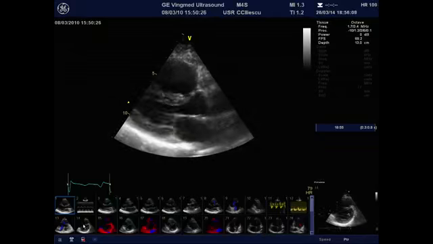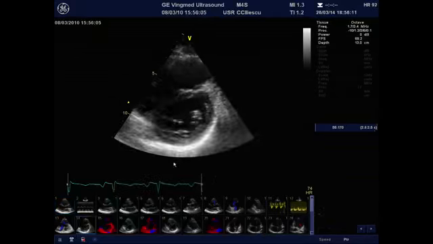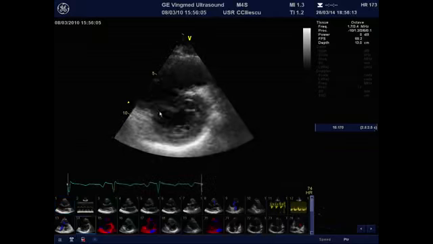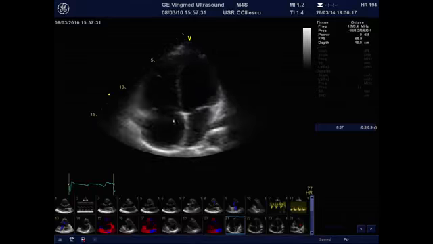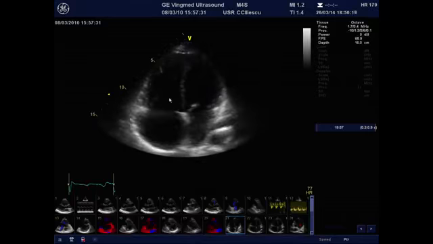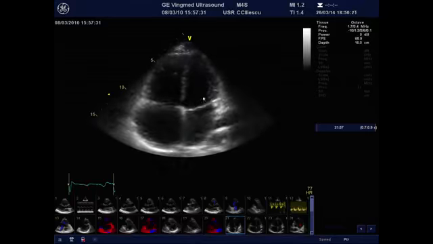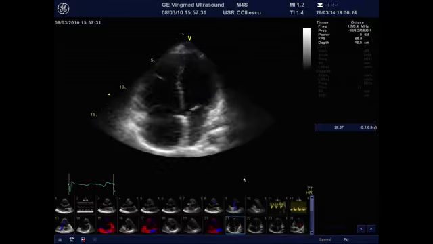And this is also confirmed by the short axis view with flattening of the interventricular septum, and by the apical four-chamber view with an enlarged right ventricle with a somewhat smaller left ventricle.